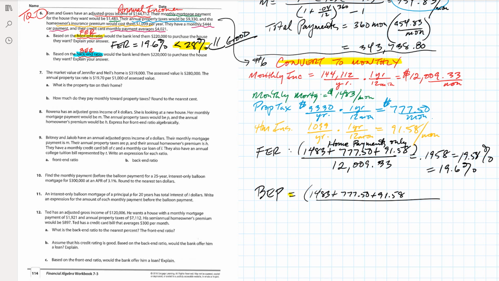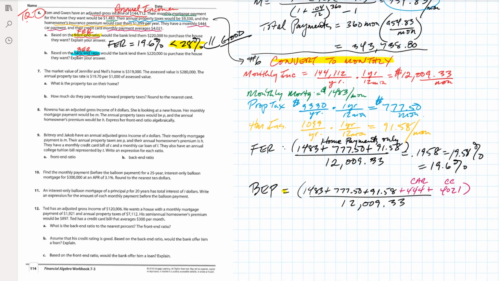Look at that, $4,021. Oh my God, the credit card payment is huge. Then I divide that by the same monthly gross income, and this is called the back end ratio.